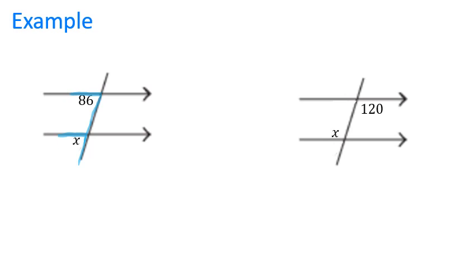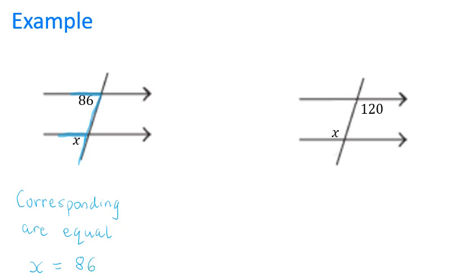So the F shape is corresponding angles, and corresponding angles are equal. So therefore these two angles are the same, so x equals 86.